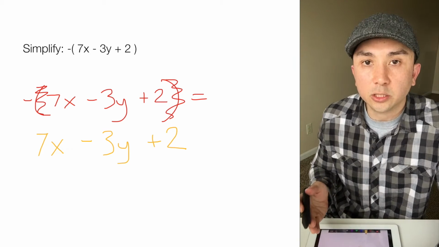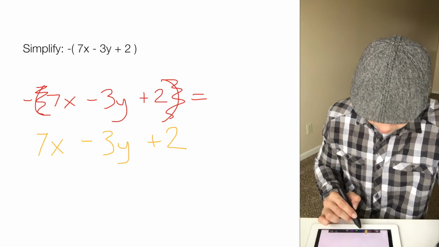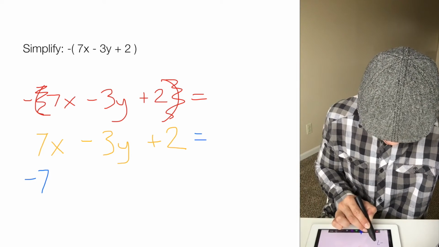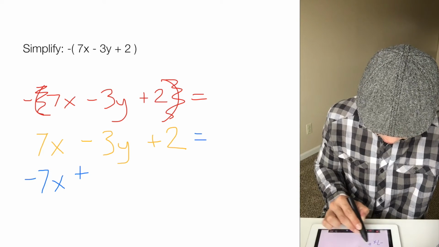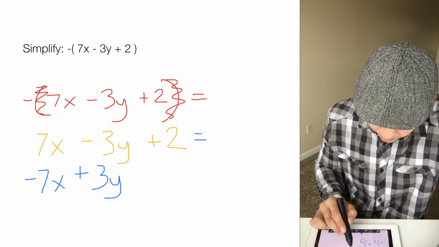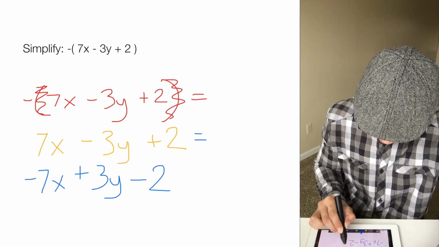So now all we're going to do is write the opposite of the numbers. So if we have 7x, we're going to have negative 7x. And if we have negative 3y, we're going to have plus 3y. And if we have plus 2, that means we're going to have minus 2.